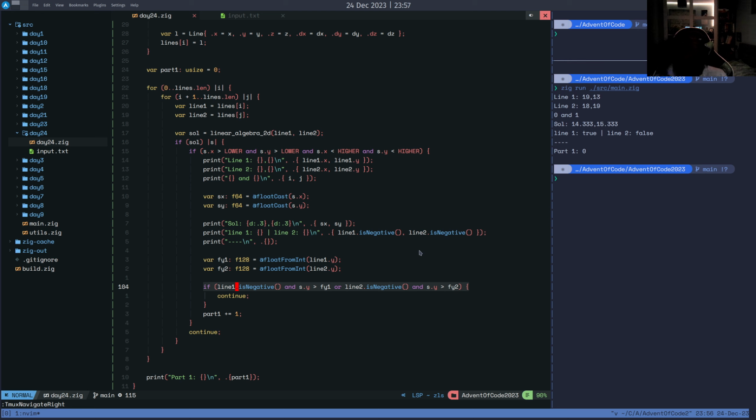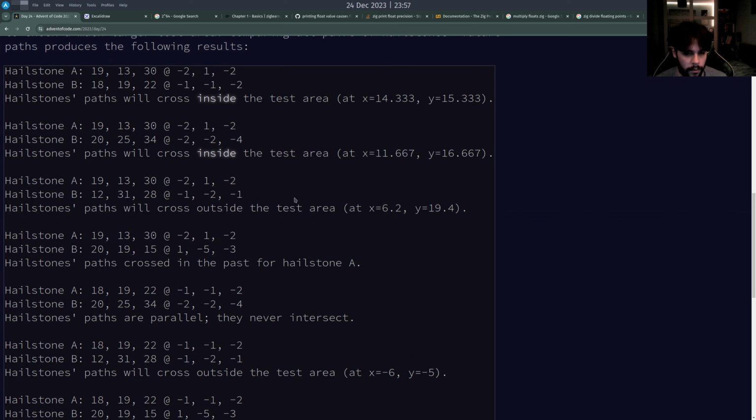So if line 1 is negative, now line 1 is negative, and the solution, 15.3, is bigger than the other solution, then that might have happened in the past.